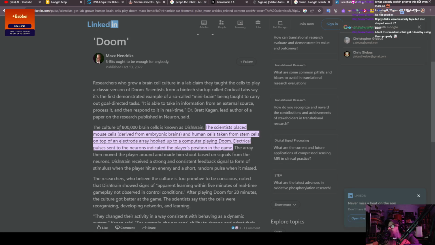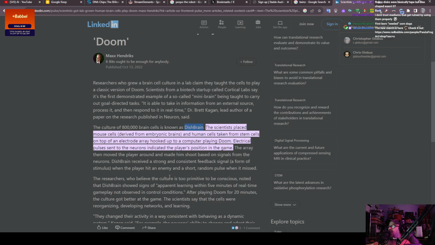Yeah, so these scientists got DishBrain, which is 800 brain cells, to be able to play Doom, right? Using electrical signals. But it's the nature of our technology that it's not always the best technology because of all the things.